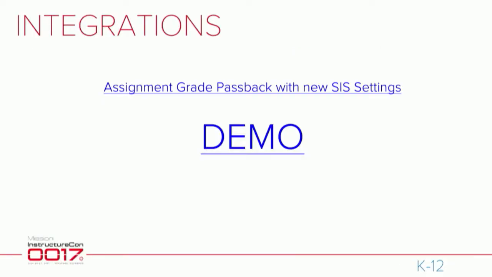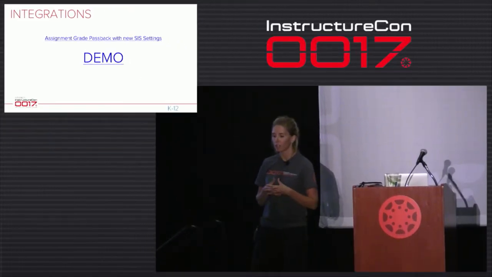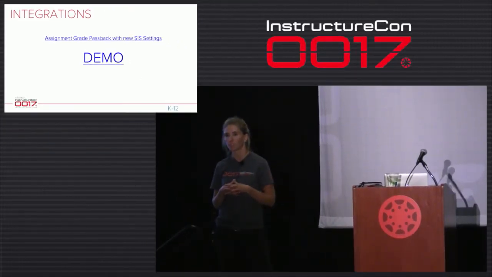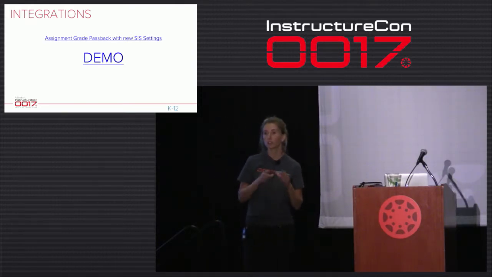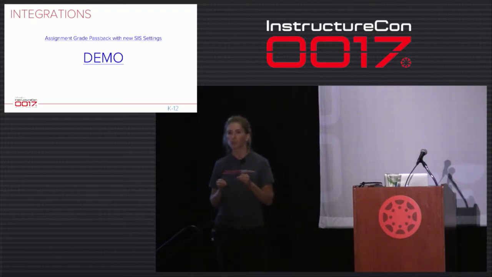Now, in order for us to facilitate the data exchange between multiple applications, we had to introduce a few LTI utilities in Canvas. Our latest project was a set of LTI tools that facilitate assignment grade passback. Those tools introduce a universal assignment grade passback experience.